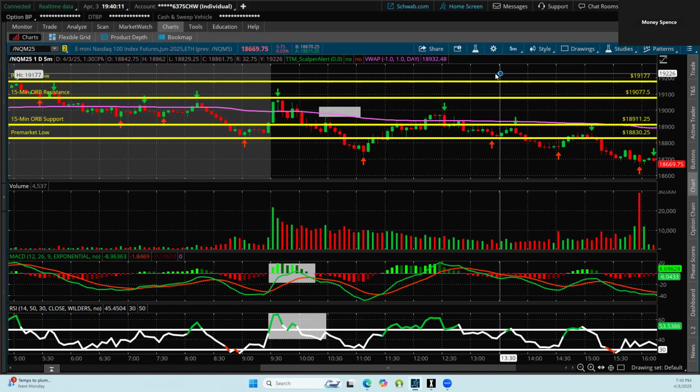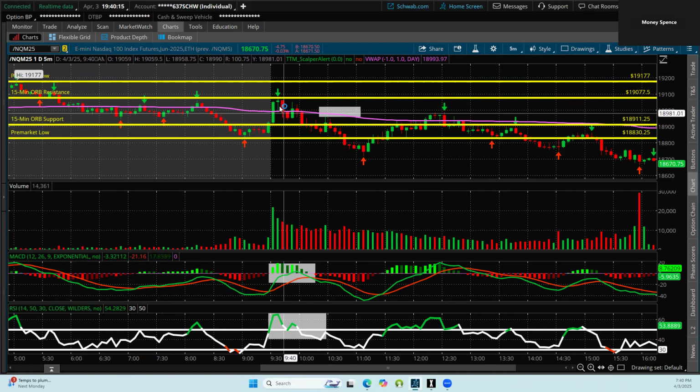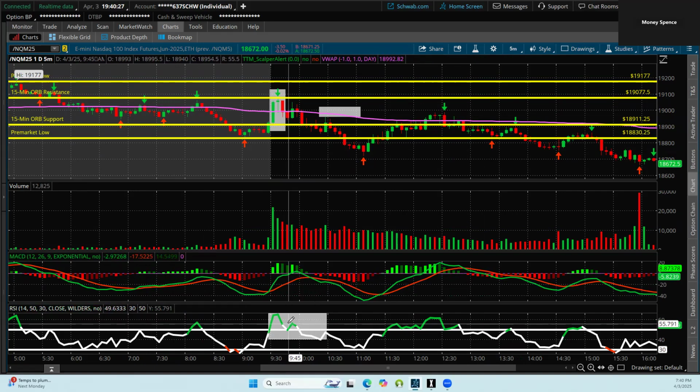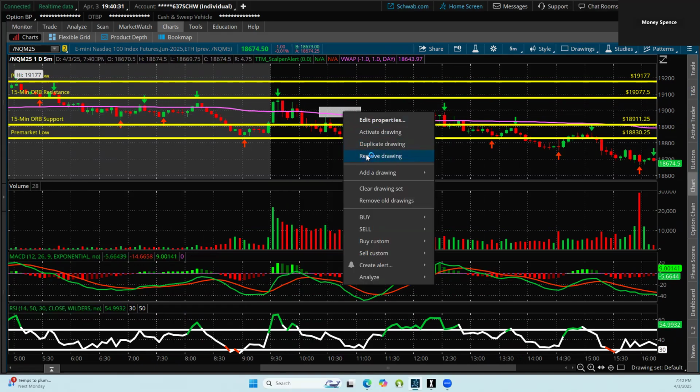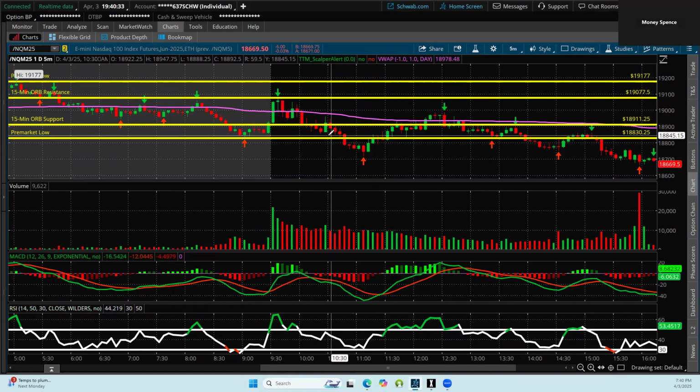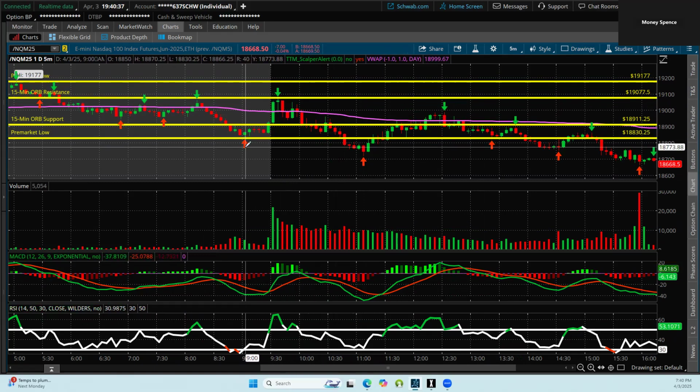And we're also going to use the pre-market high, the pre-market low, and the first 15 minutes of the day, resistance and support zone. And last but not least, we're going to utilize the TTM scalper alerts. The TTM scalper alert, that's these green and red arrows that are developed on my chart.